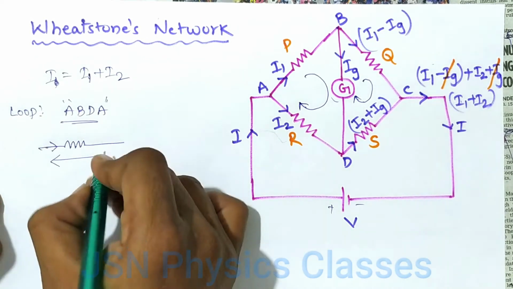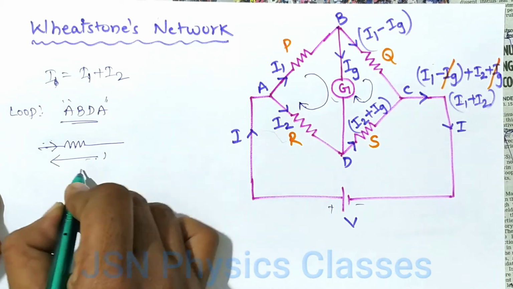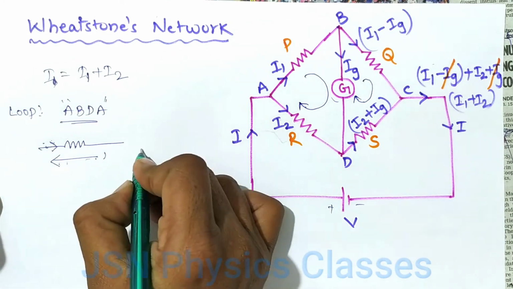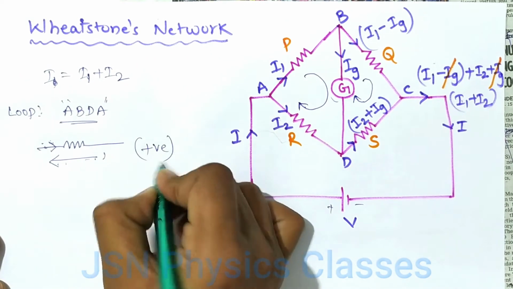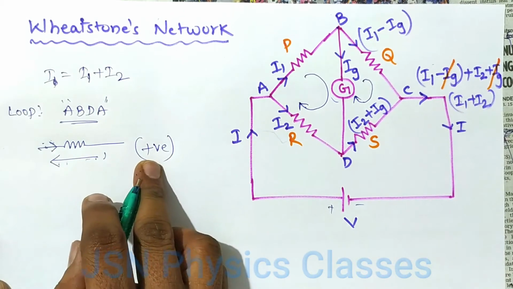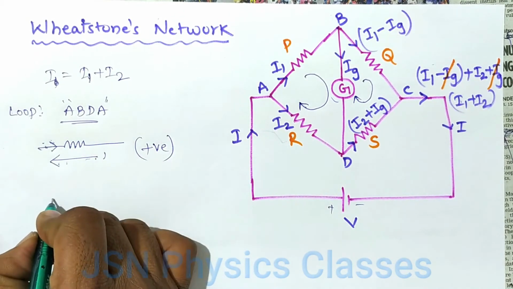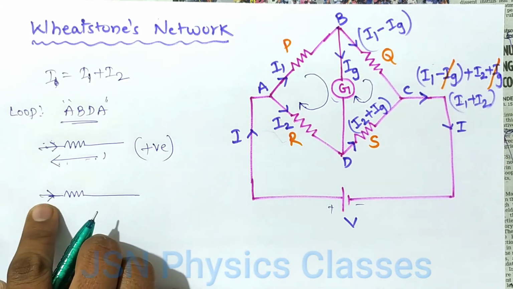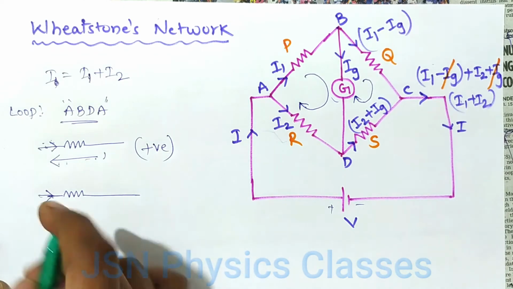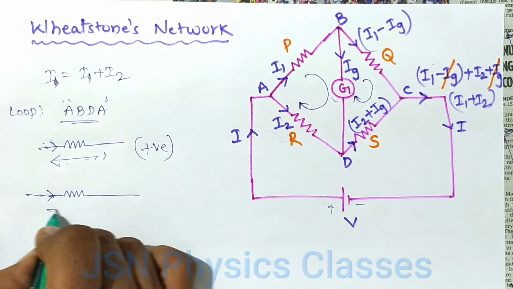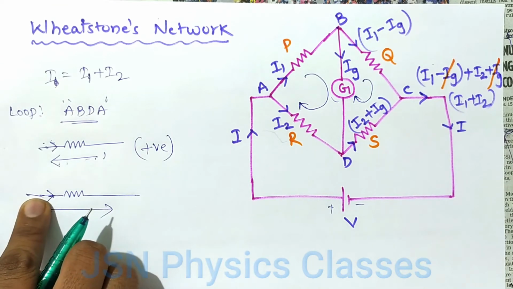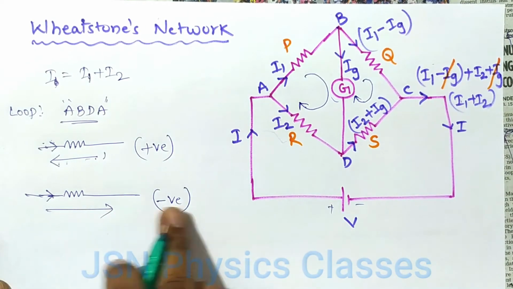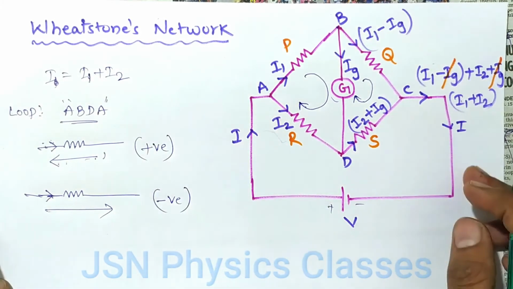If actual direction and loop direction are opposite to each other, take it as positive: the voltage drop across the resistor is positive. If the loop direction and actual current direction are the same, take it as negative: the voltage drop across the resistor is negative. So these two you should remember.